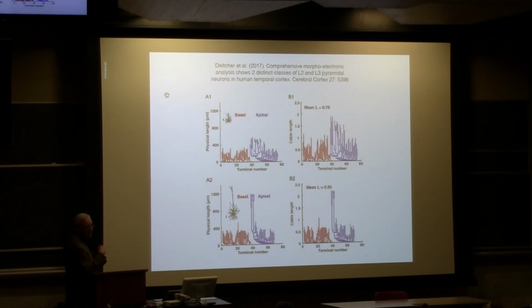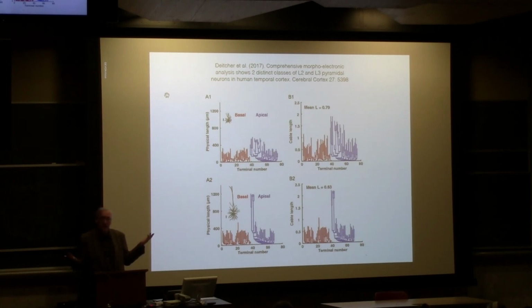They essentially built a single cylinder model of the dendrites, and they asked the question, what's the electrotonic length of that cylinder? For these, it's maybe about 0.6 or so. For these, it's maybe 0.9 or something like that. And so you see that physical length does also correspond to slightly greater electrotonic length. But the electrotonic lengths of even these large dendrites are less than 1.